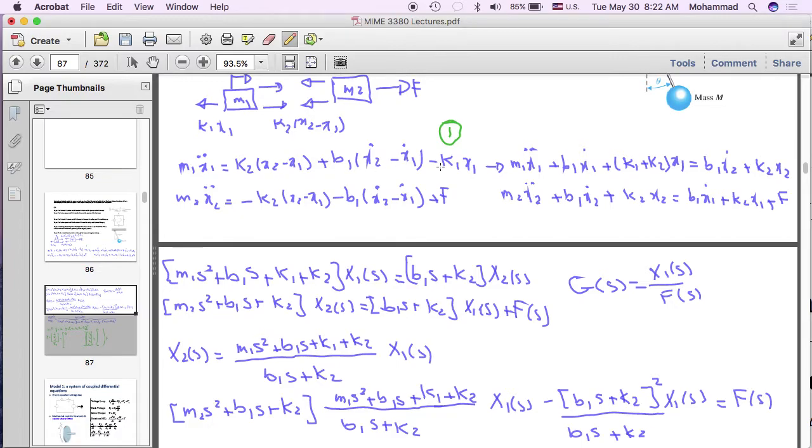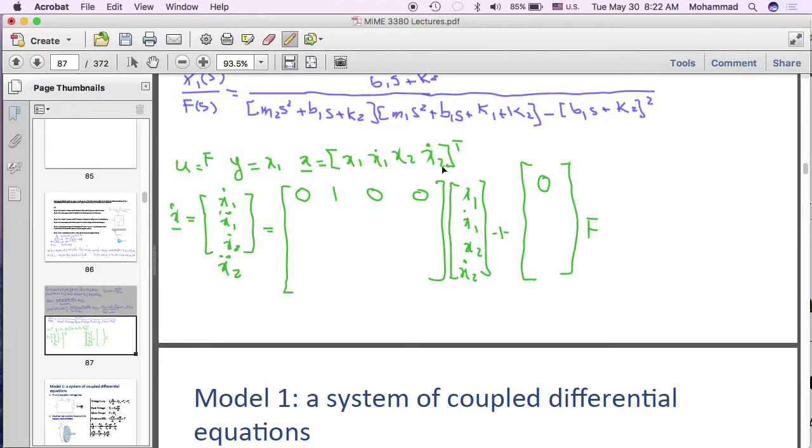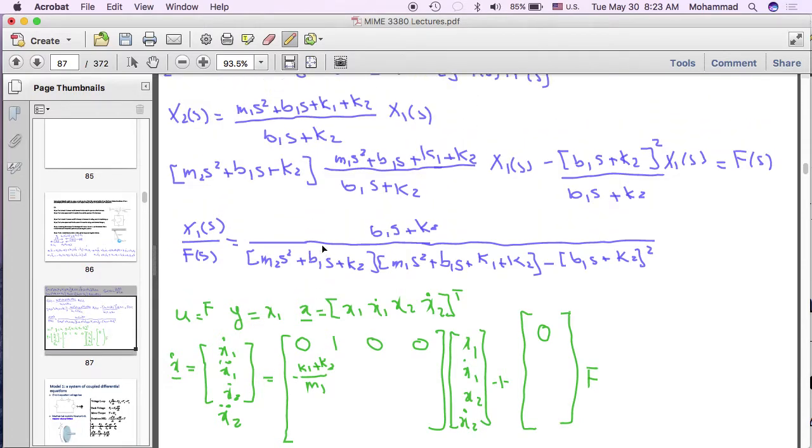Both have negative sign. So therefore, what gets multiplied here is minus (k1 plus k2) over m1. So minus belongs to the whole thing. That's what is multiplied by x1.